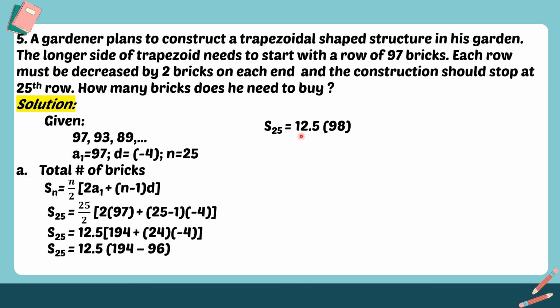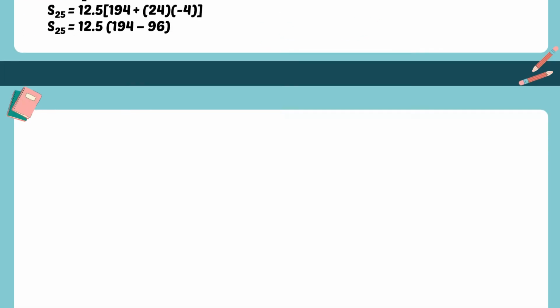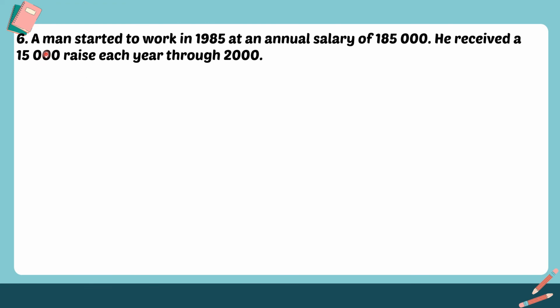And 98 times 12.5, that is equal to 1,225. So, ibig sabihin, ang total number of bricks na kakailanganin niya ay 1,225 para mabuo yung kanyang trapezoidal shape na mayroong 25 rows.